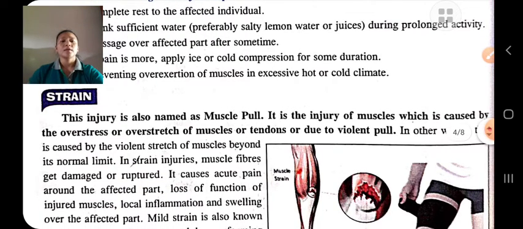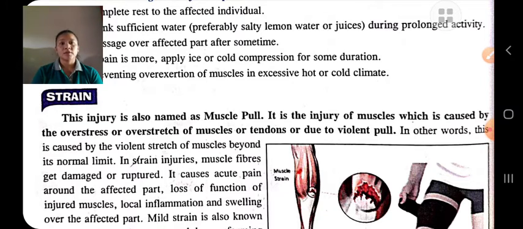In strain, the muscle fibers get damaged or break. It is caused by overstress or overstretching of muscles or tendons, or due to violent pull.